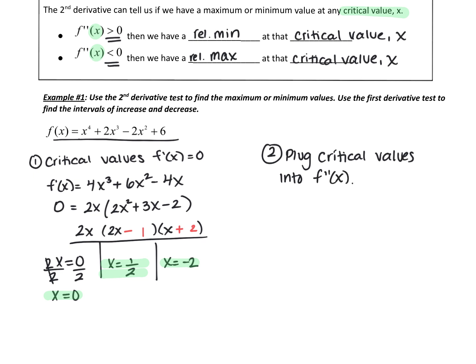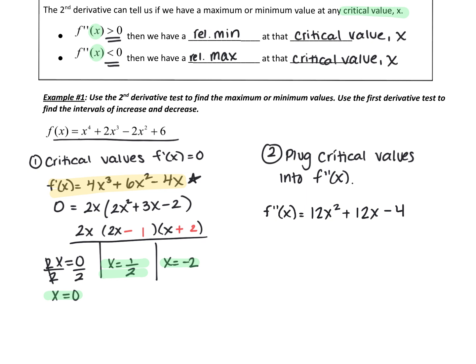So let's find f double prime. That means to take the derivative of the derivative. So we're going to take the derivative of this piece, doing the power rule: 12x squared plus 12x minus 4.